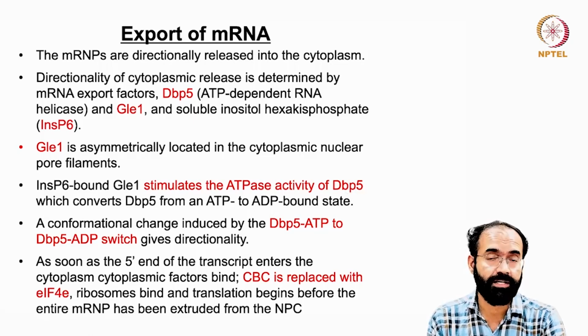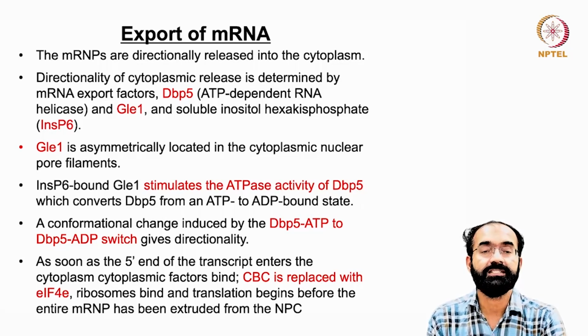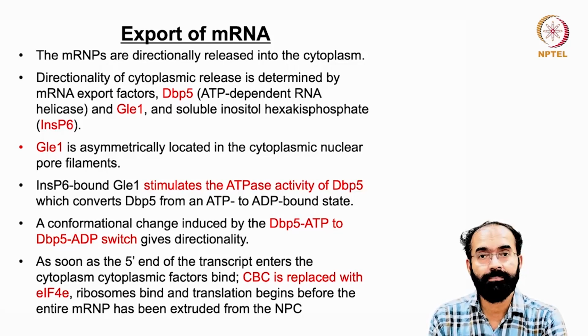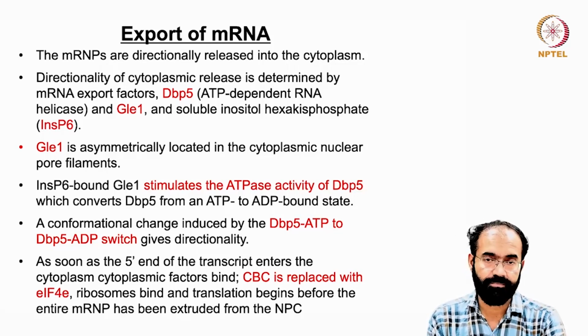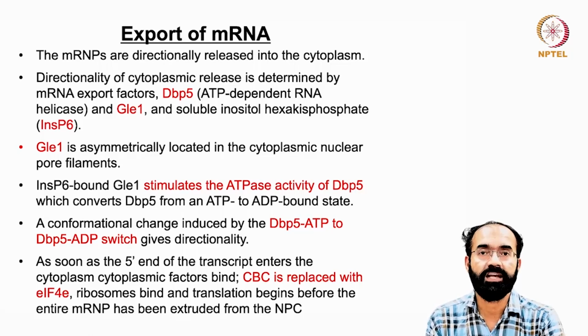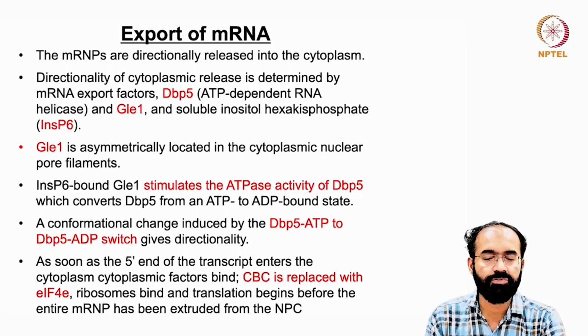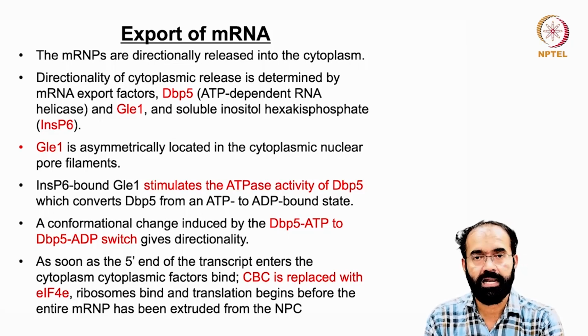So DBP5 is not using GTP, but it is using ATP for the energy purpose, which converts DBP5 from an ATP to ADP bound state. So the energy can be utilized for the transport purpose. A conformational change induced by the DBP5 ATP to DBP5 ADP switch gives directionality.